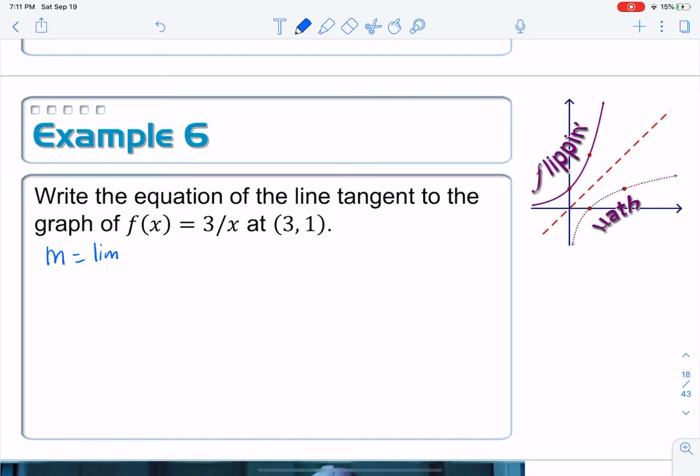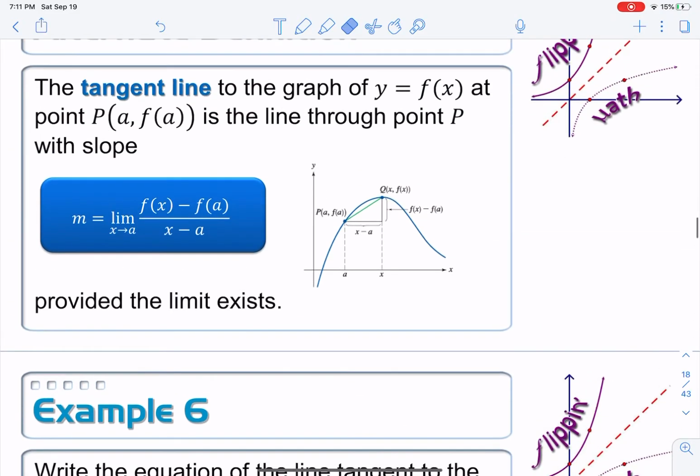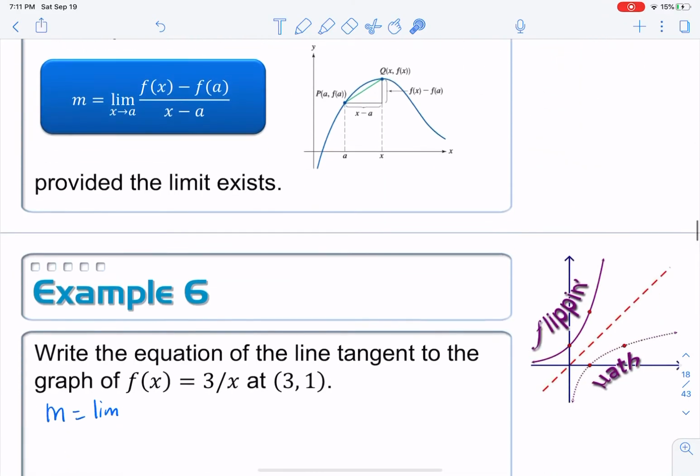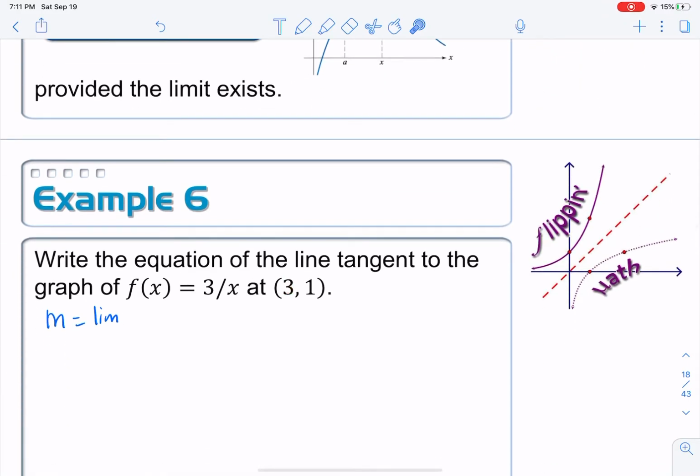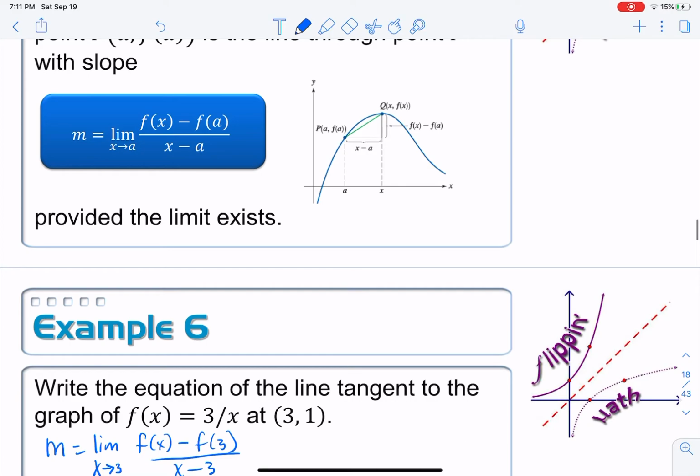I'm going to do it in kind of 2 steps. Now, instead of h going to 0, that's not what we're doing here. Remember, it's x goes to a. And my a value for this particular question is 3. So I want to make this the limit as x approaches 3 of f of x minus f of 3 over x minus 3, where the a value here and here is supposed to be 3.